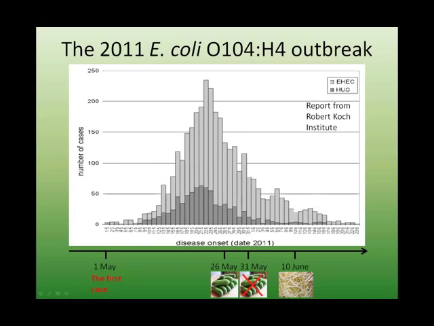And the funny thing is, the cucumber sample from the Spanish greenhouse did not show any E. coli contamination. Nevertheless, the Robert Koch Institute advised people in Germany not to eat raw tomatoes and cucumbers to prevent further cases.